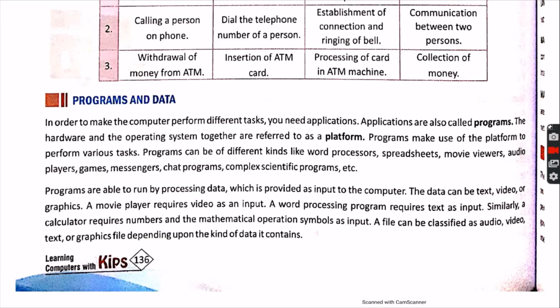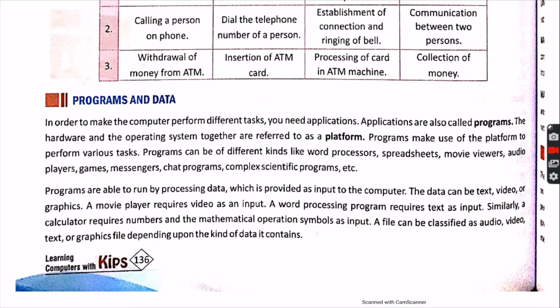So every program has different data processing, and see, all the data is stored in a file. Therefore, as the data are different, means there is text, there is graphics, that is images, there are audio songs, video songs.